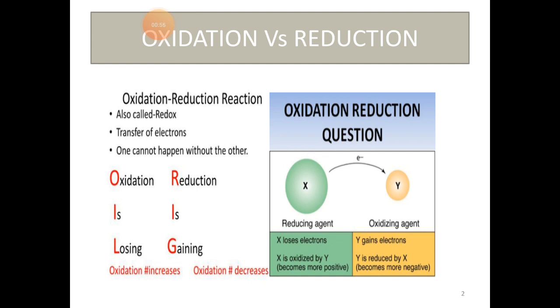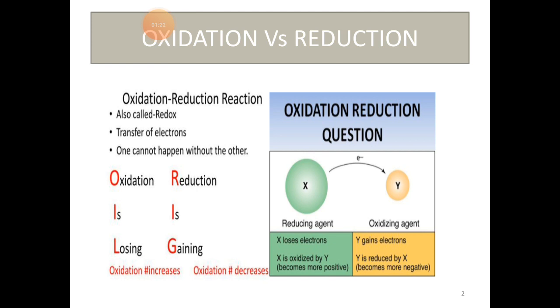Oxidation occurs when a reactant loses electrons during the reaction. As you can see on the screen, oxidation is losing. Reduction occurs when a reactant gains electrons during the reaction. Reduction is gaining. This often occurs when metals are reacted with acids.